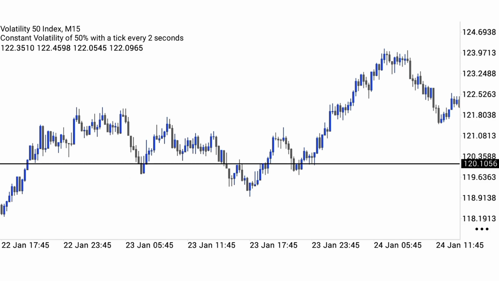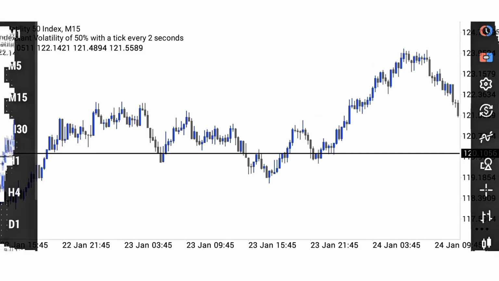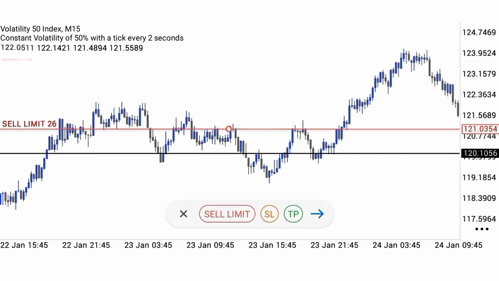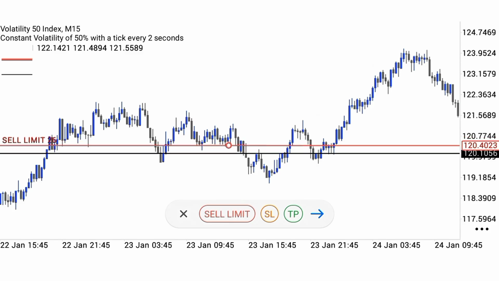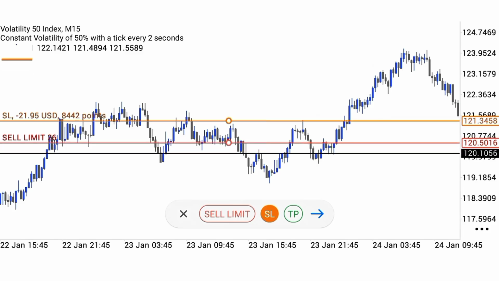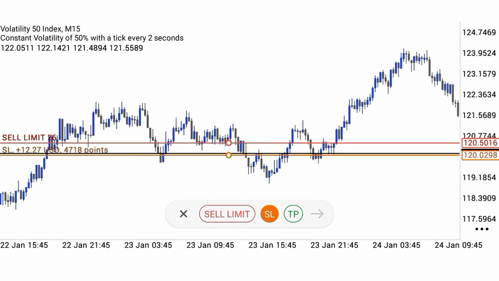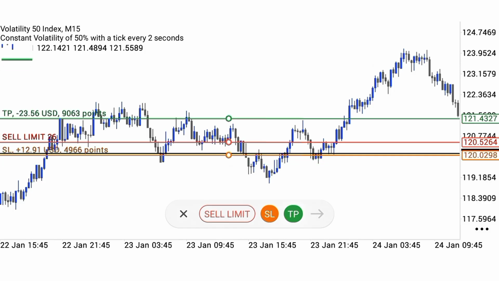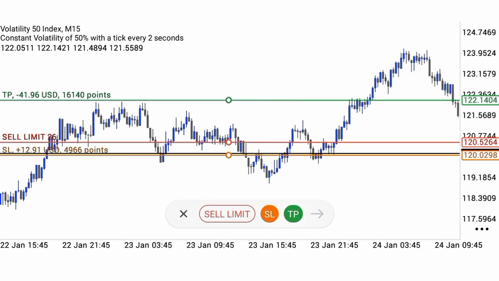If you want to add more risk management to it, I will always advise you place your stop loss, let's say you bought here, something like this. Don't mind the sell limit. Let's say you enter a trade here, so your take profit target is to be around this point.